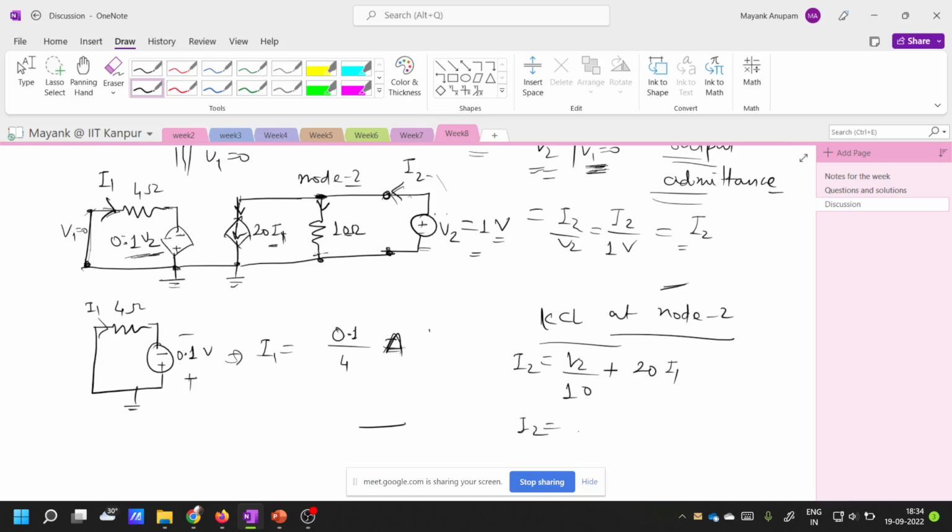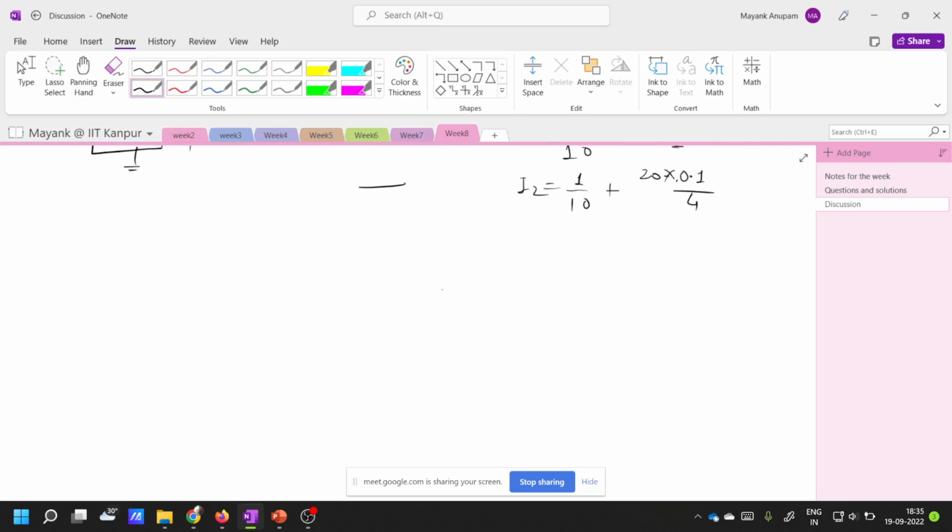So I2 is equal to, V2 is equal to 1 volt. We have taken it as 1 volt. So this is 1 by 10 plus 20 times 0.1 by 4. So I1 value I have replaced from this, right? This is 20 into 0.1 by 4.